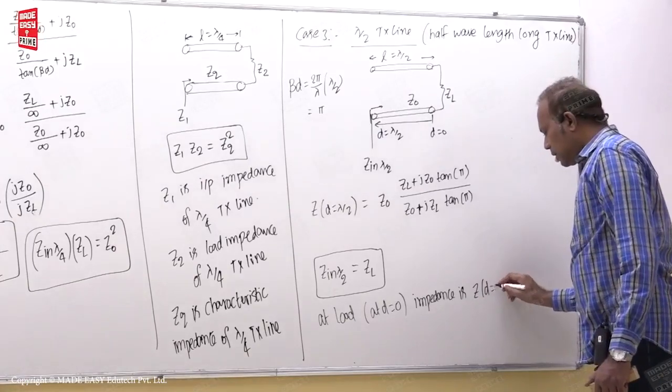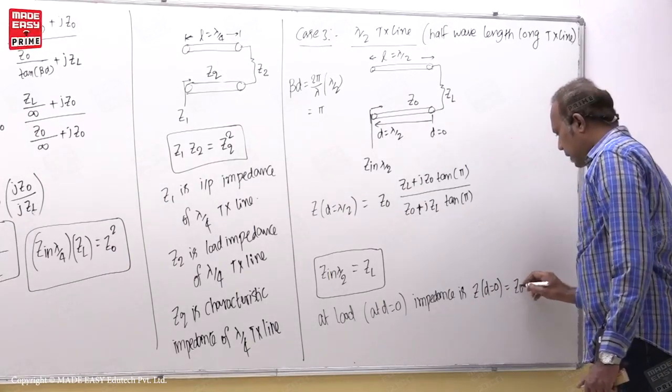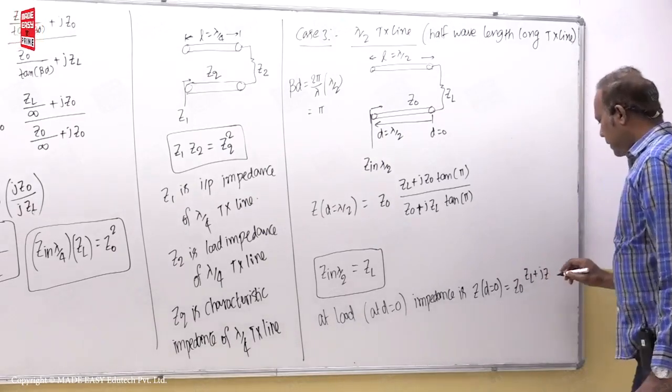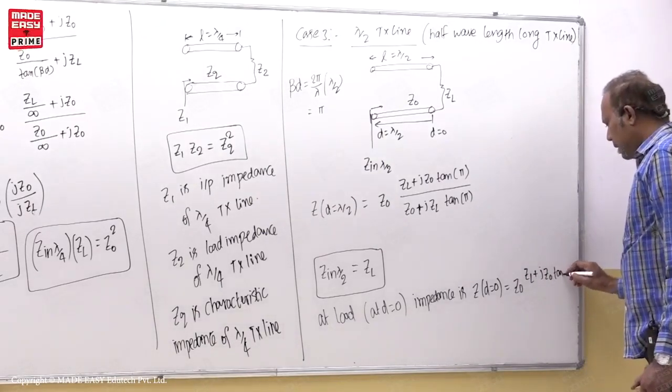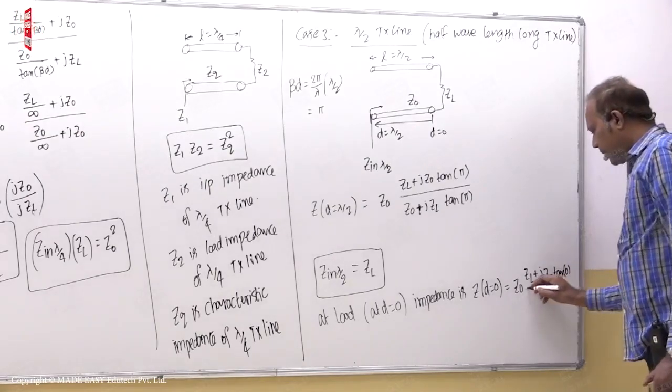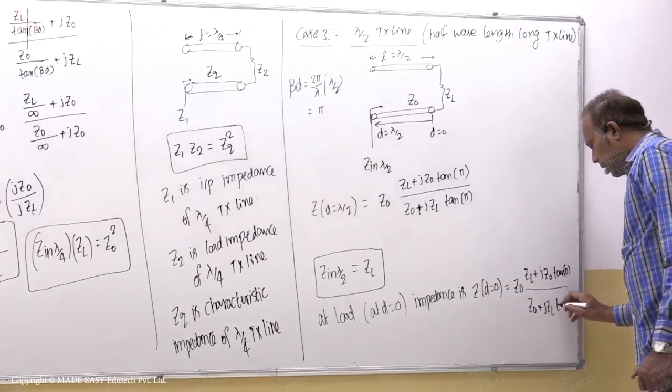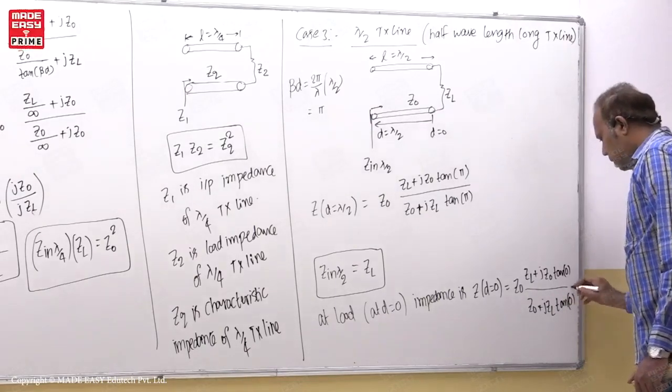So at d equal to 0, you get Z0 (ZL plus jZ0 tan 0) divided by (Z0 plus jZL tan 0).